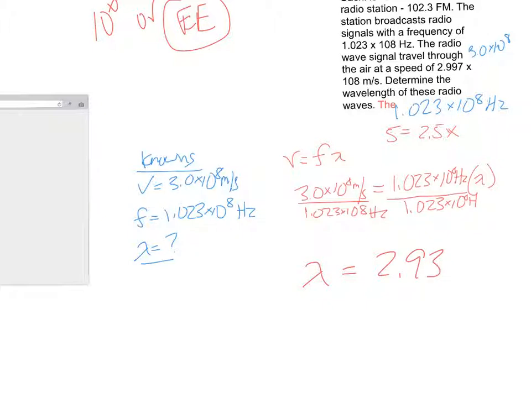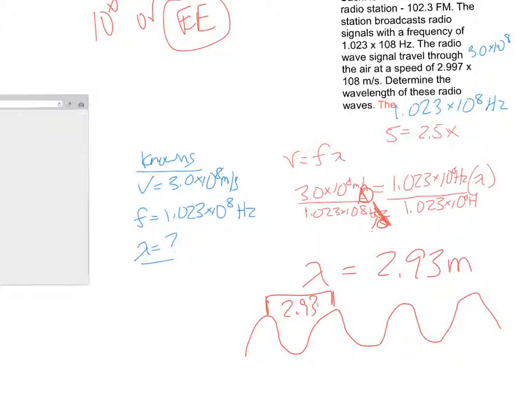And if you remember, I told you that hertz is also a per second. So the seconds will cancel out with the hertz, and I'm left with meters. So 2.93 meters. So if you picture that radio wave that's getting to your car's antenna looks this long, that means the distance from here to here is 2.93 meters, or roughly 9 feet.